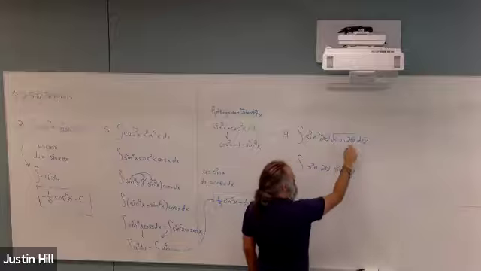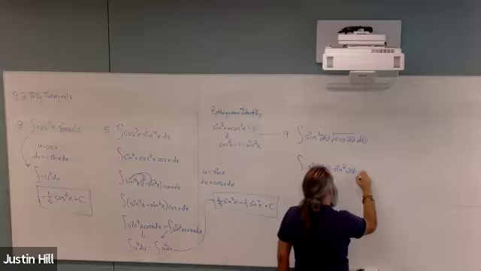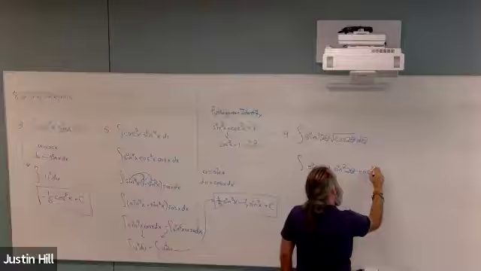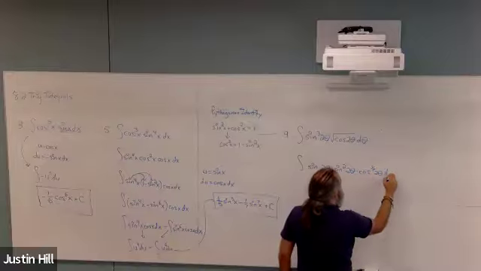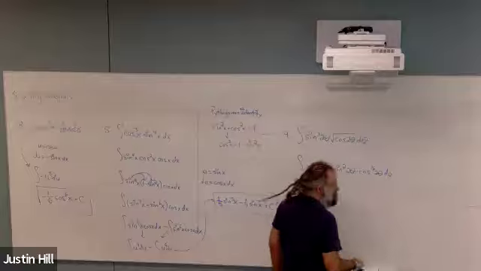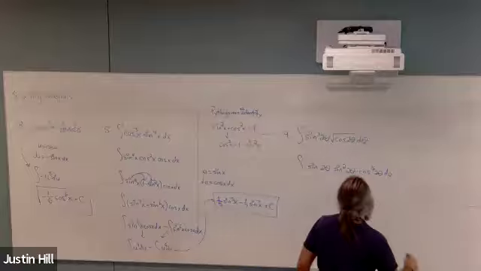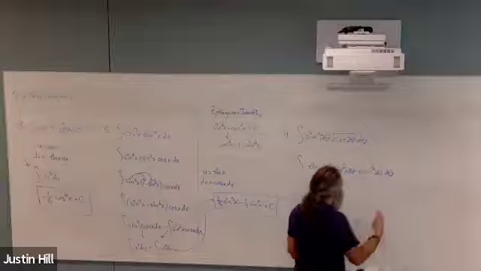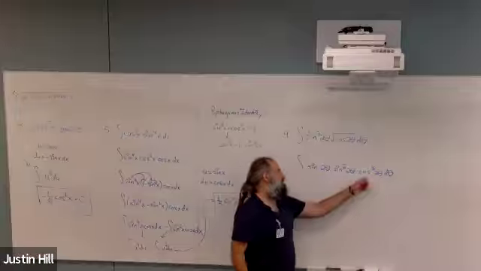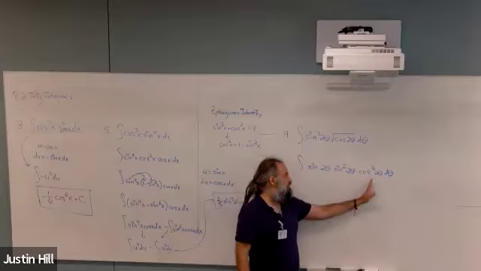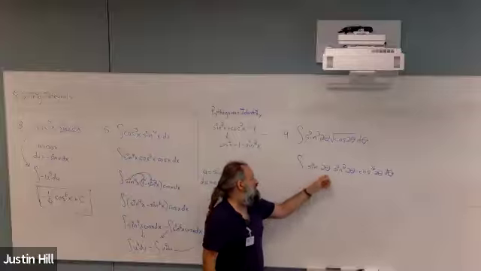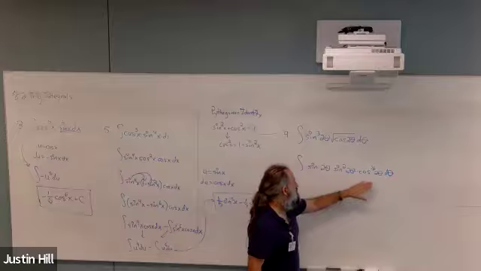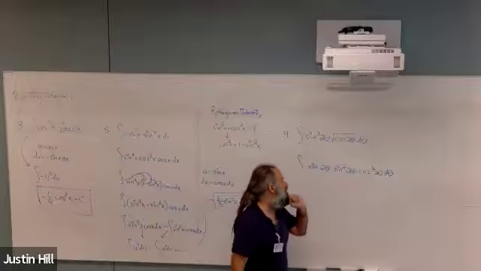While I'm at it, I'll rewrite the square root as a power, so cosine to the 1/2 of 2 theta. Even seeing an odd power like this, if u is cosine of 2 theta, my derivative is negative sine 2 theta d theta, and that takes care of those two other pieces.